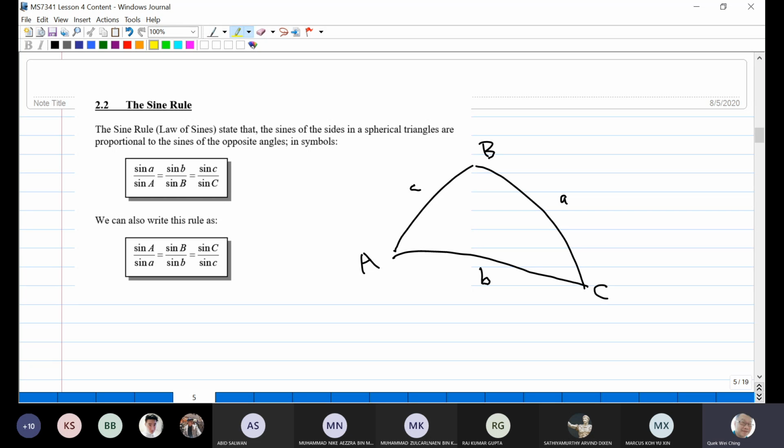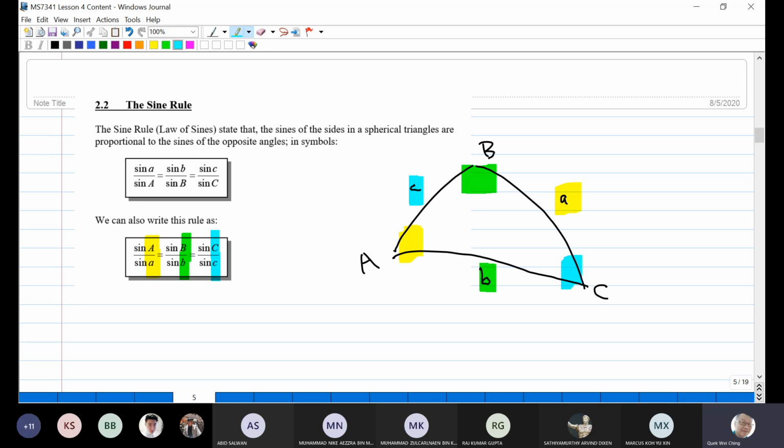If you take the ratio, sine of angle A over sine of side a is the same as sine of angle B over sine of side b, and also the same as the ratio of sine of angle C over sine of side c.